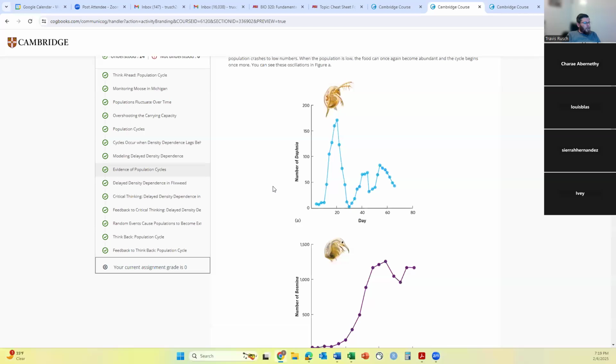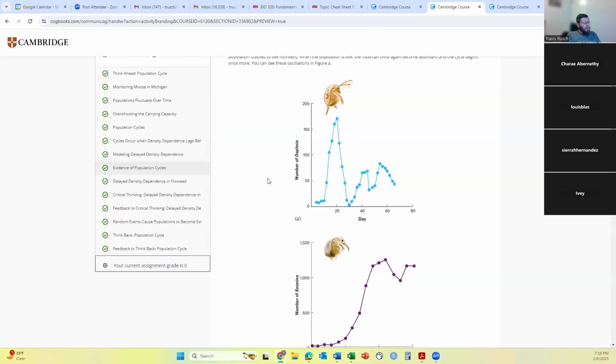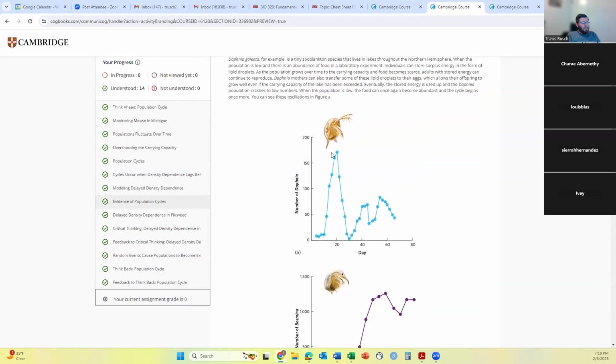Okay, and then this one was kind of neat, showing that there are other factors that can affect the oscillation. So the individuals themselves. This species right here can conserve energy and even pass it on to the next generation, so it can last longer. If it's running out of energy but has reserves, it can continue to produce and continue to grow.